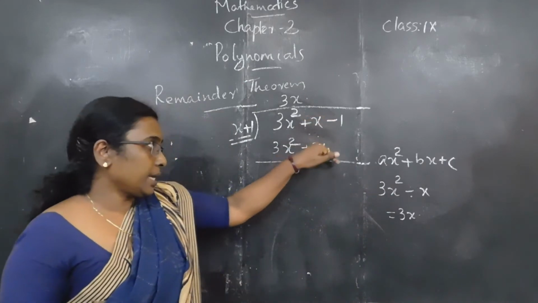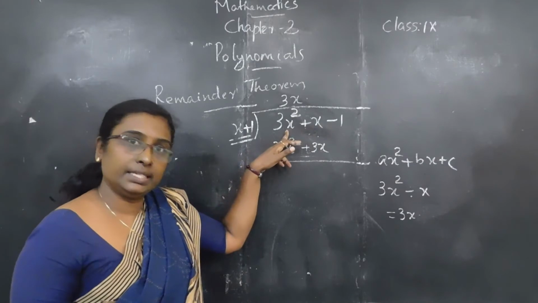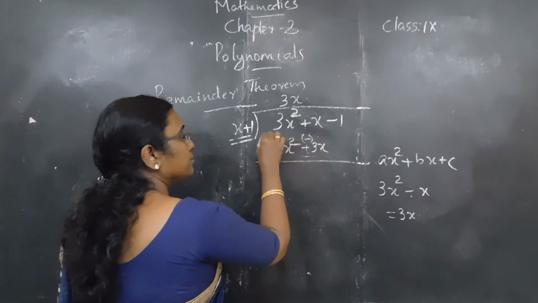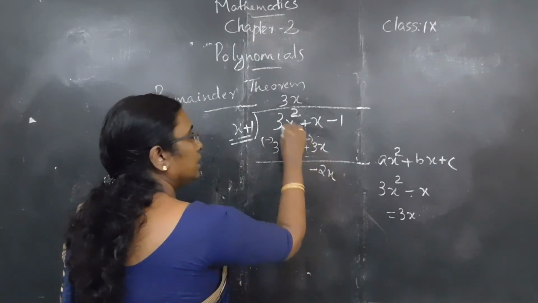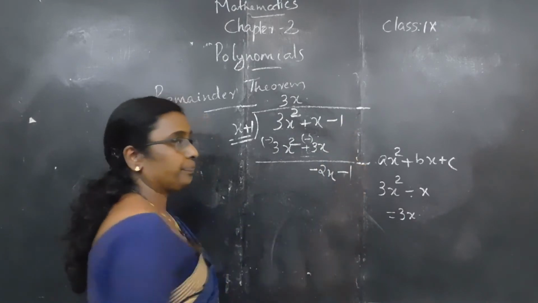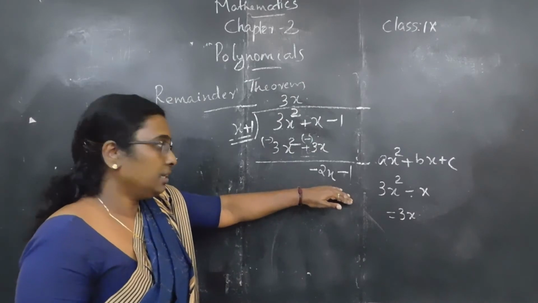Then subtract this polynomial from the dividend. In order to subtract this, make it negative. X minus 3x is minus 2x. 3x square minus 3x is 0. Write minus 1 here. Then this is the new dividend.